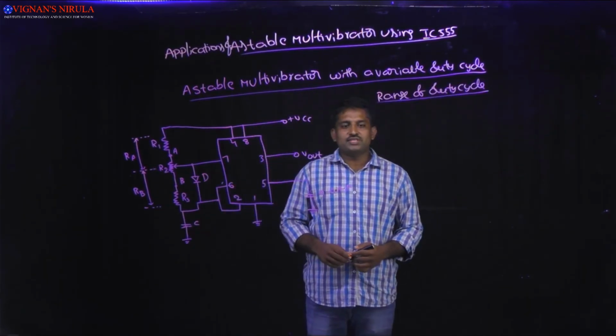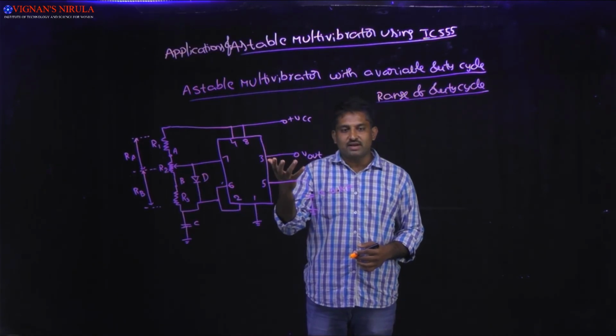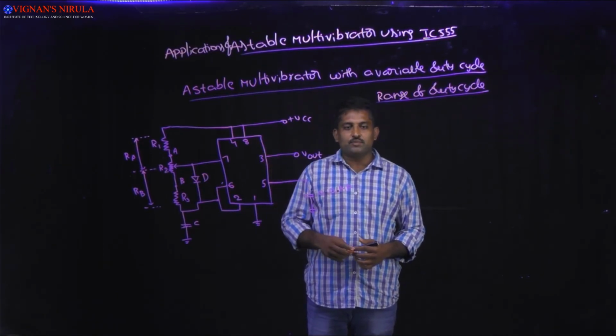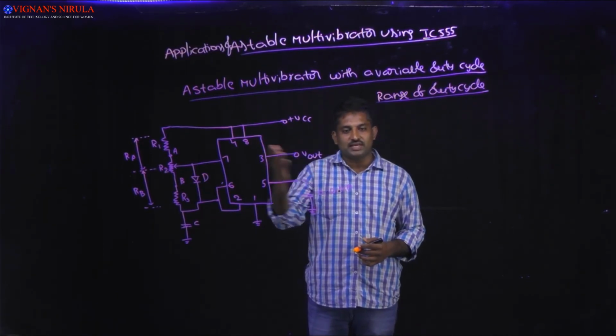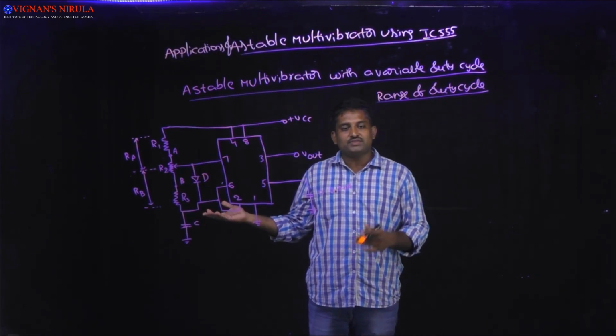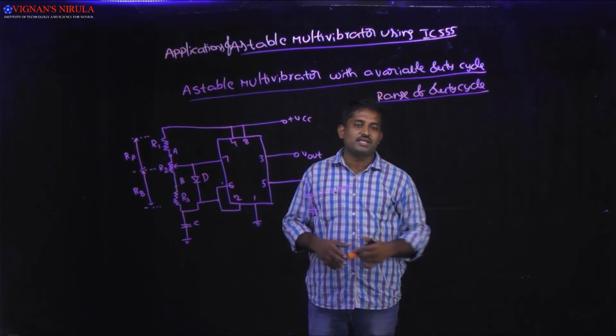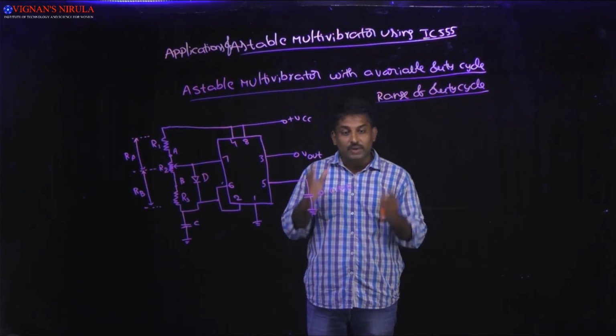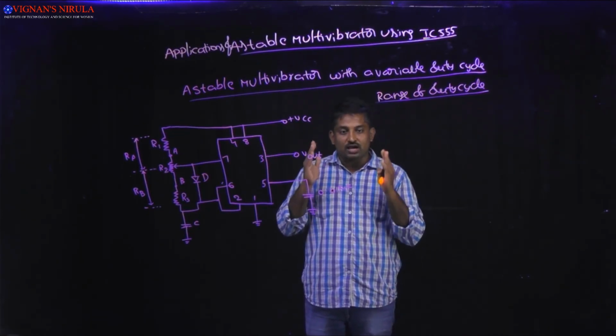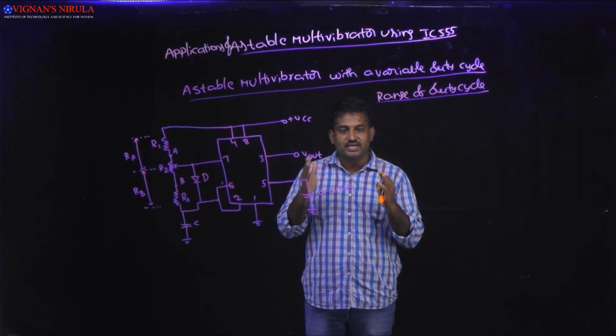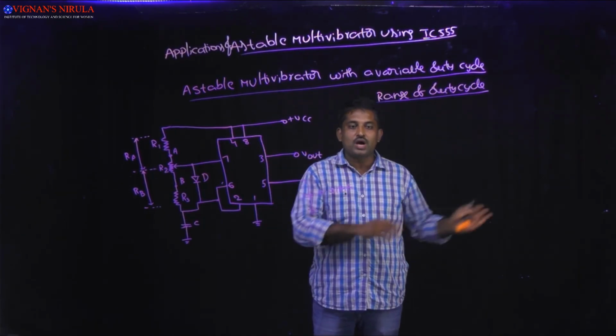By using this circuit, we can generate variable duty cycles. That means we can generate a duty cycle less than 50% as well as greater than 50%. But listen carefully, the normal astable multivibrator always generates the duty cycle in between 50% to 100%.